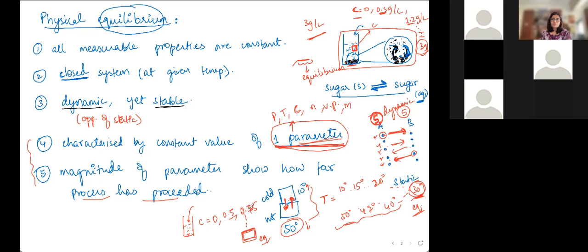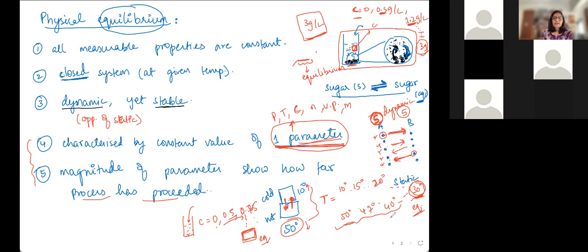But उसके पहले क्या हुआ? 0 से it has slowly started increasing, no? With every spoon of sugar that I pour in, my value of concentration keeps increasing. So suppose my equilibrium pe the value is 3 gram per liter, and if I see that its concentration abhi bhi 1.2 hai, then I know that okay, I need to pour in some more sugar. It shows me how much further I can go that way.